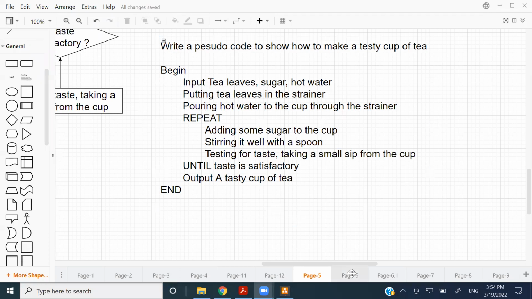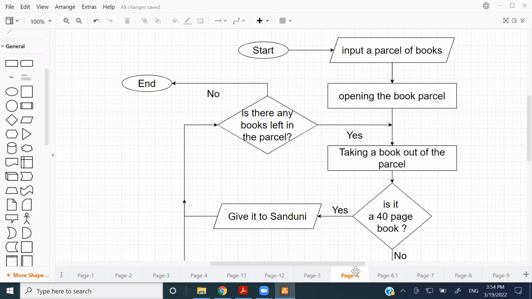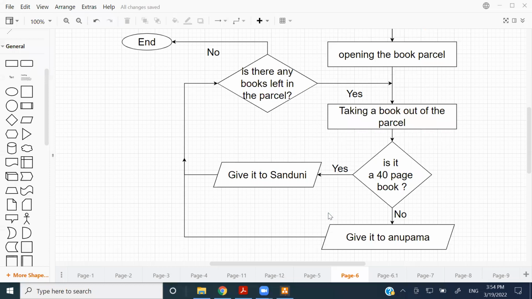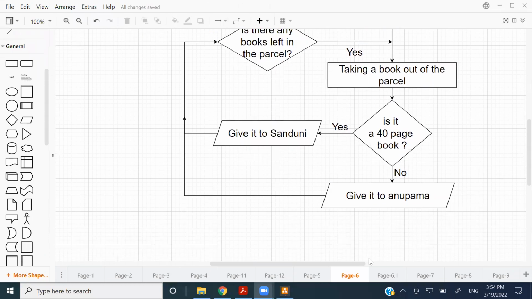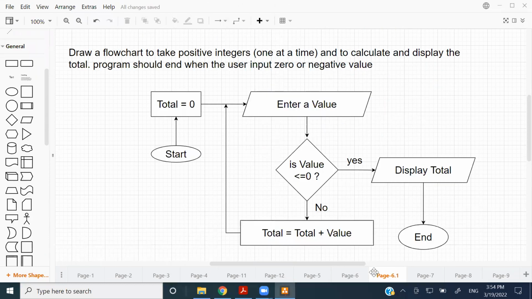Okay, so let's move to the next question. It is based on this particular flow chart. Since this is having two conditions, let's keep it just for a moment. We go with this. This will be much better.